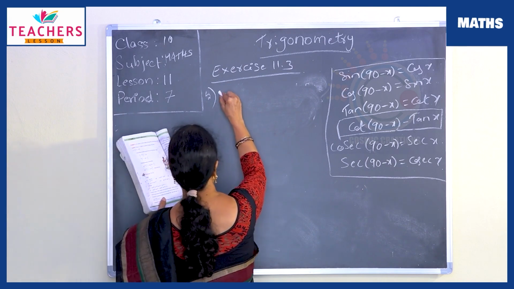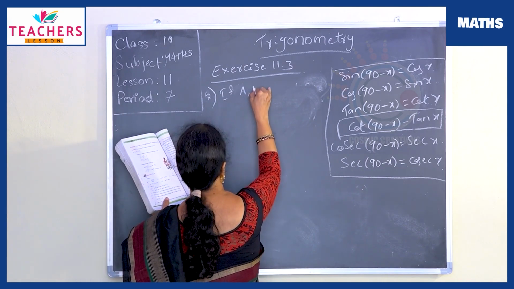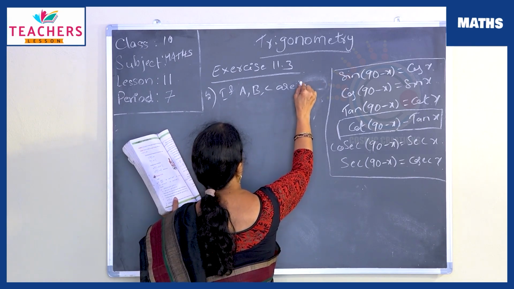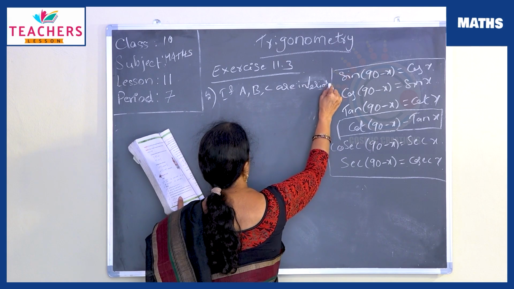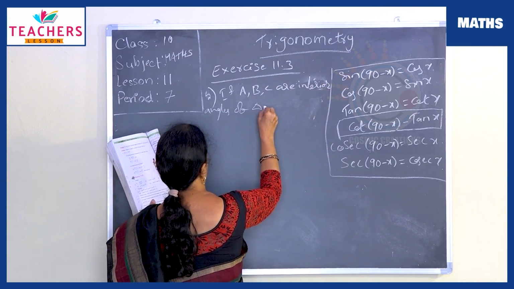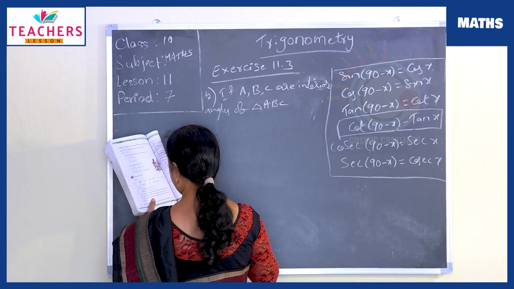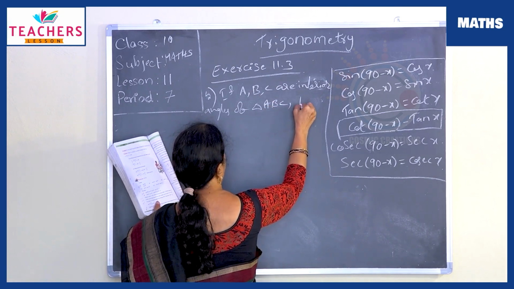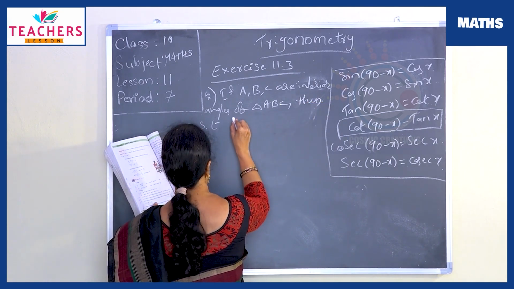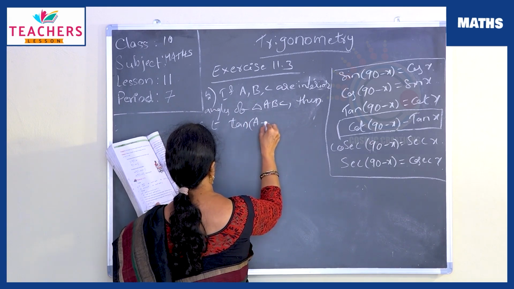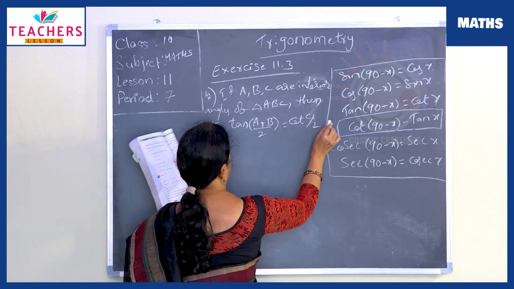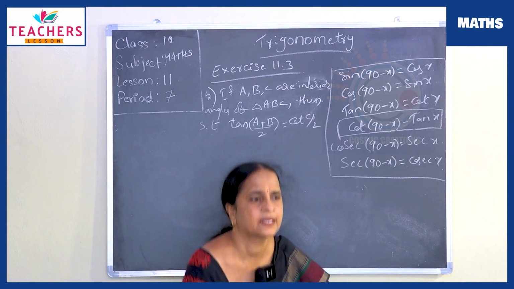If A, B, C are interior angles of triangle ABC, then show that tan of (A plus B) by 2 is equal to cot C by 2.